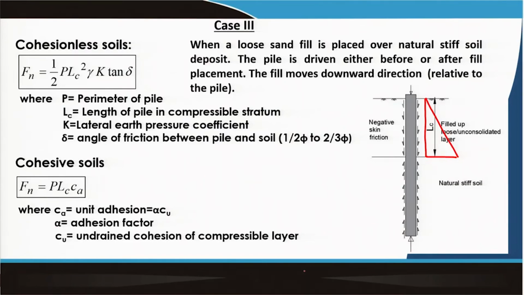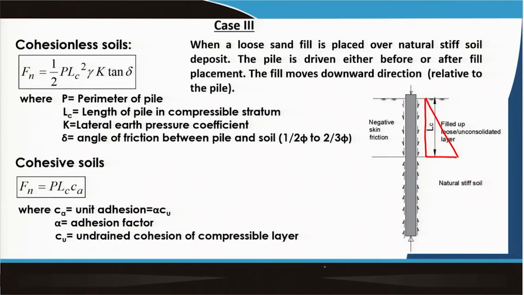Otherwise, straightforward, 3 cases. First case, consolidated clay over cohesionless soil, where you have to use the drained properties, CD properties. Second case, cohesionless fill is placed over the compressible consolidated layer, drained properties. And the third case, where very loose sand is placed over a stiff soil, or very stiff soil, then you have to use the cohesionless skin friction contribution.